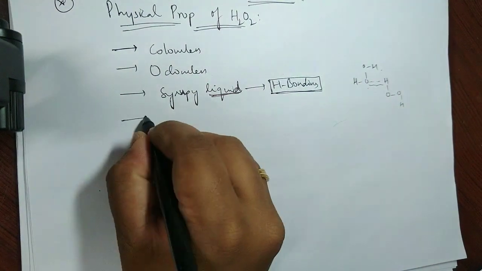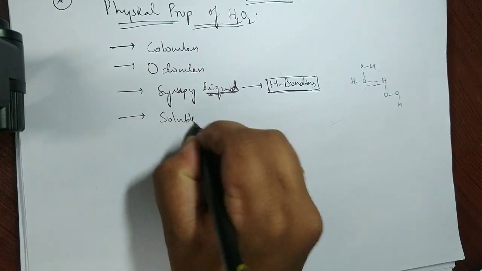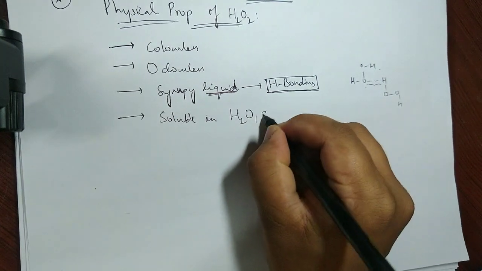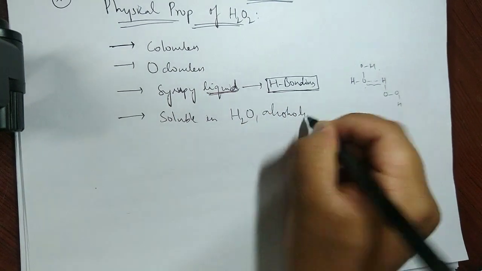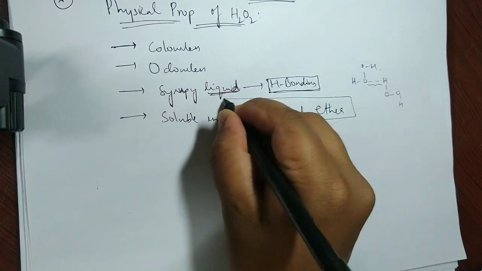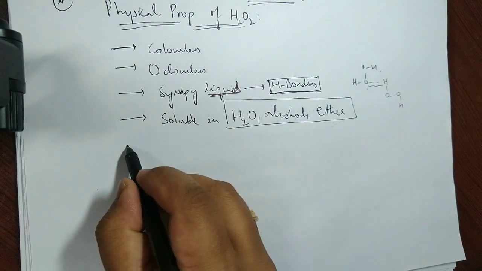Then its solubility: it is soluble in water, it is also soluble in alcohol, and it is also soluble in ether. So three solvents. H2O2 can be dissolved in water, alcohol, and ether.